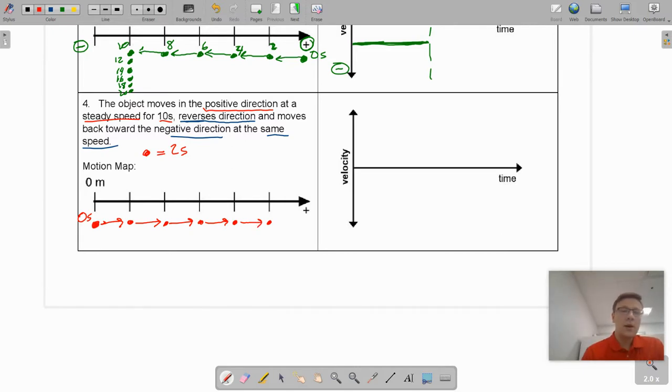Okay. All right, now it says that at this point it reverses direction, moves back toward the negative direction at the same speed. So I'm going to change my color here to blue since I underlined that other stuff with blue. Now, what most people are going to do is they're going to just drop this dot down here and start going from there. You actually don't want to draw that dot because remember, if we go up here and label these as 1 second, 2 seconds, 3 seconds, I've done it again.